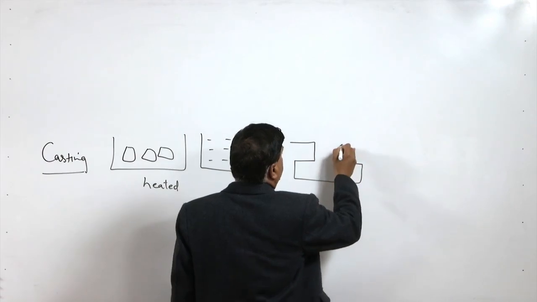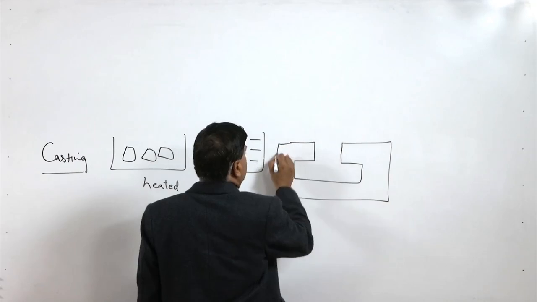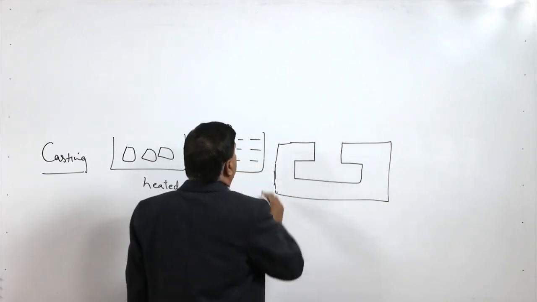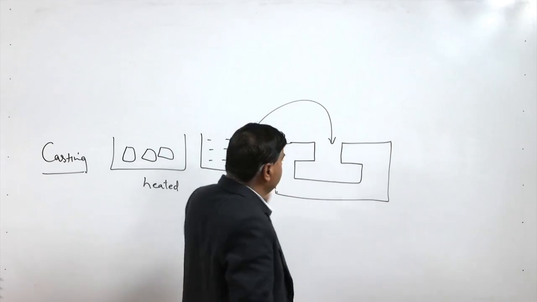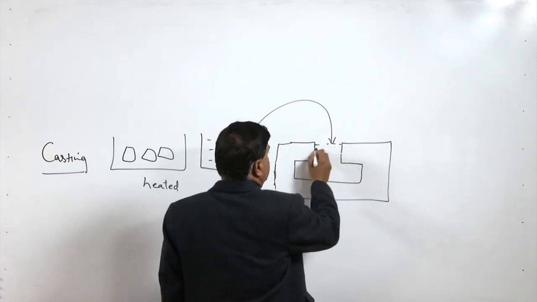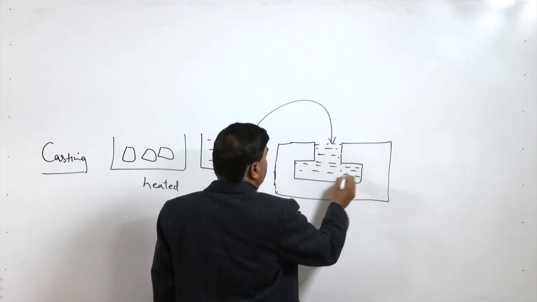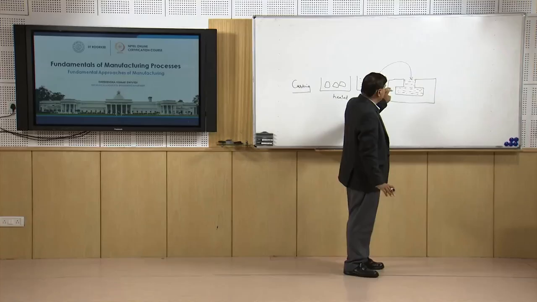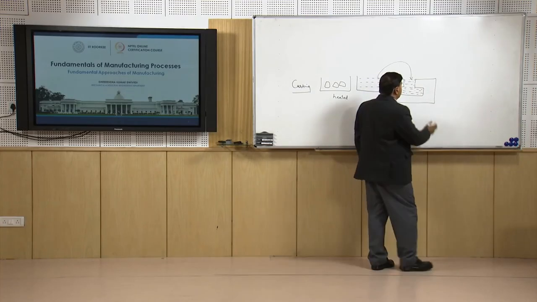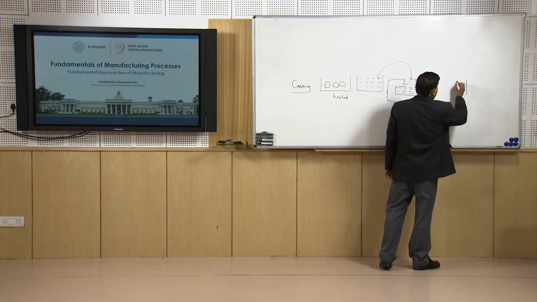Mold is a cavity which is prepared either using sand or a metallic mold, and this molten metal is poured into the cavity, so that this cavity is filled in. Subsequently, on solidification of the molten metal, we get the desired solidified casting in this form.